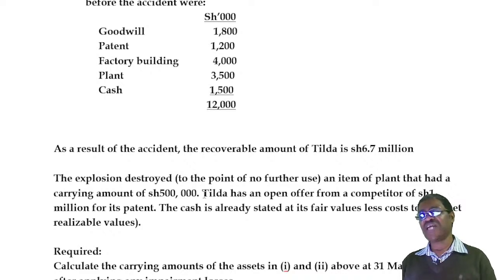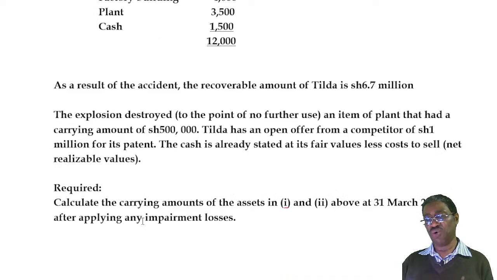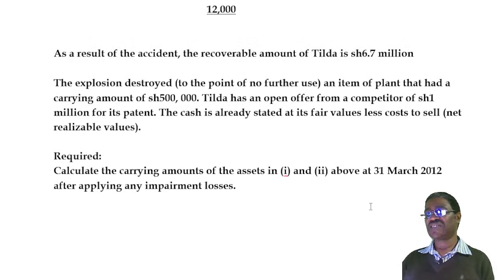Tilda has an open offer from a competitor for 1 million for its patent. The cash is already stated at its fair value less cost to sell, net realizable. Required: calculate the carrying amount of the assets in 1 and 2 above as at March 31st, 2012, after applying any impairment losses.